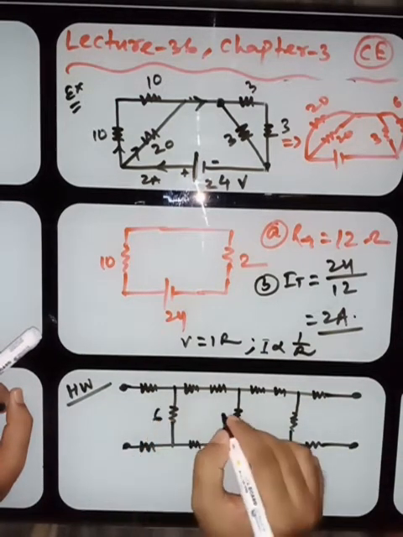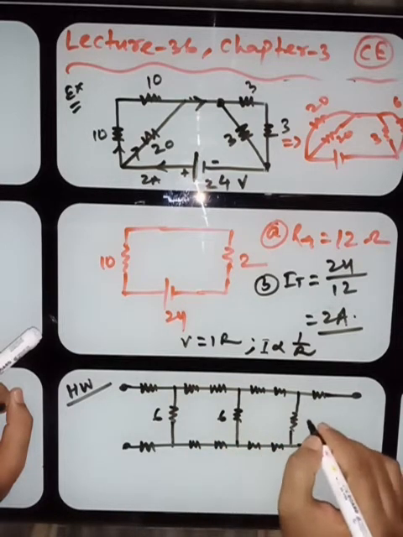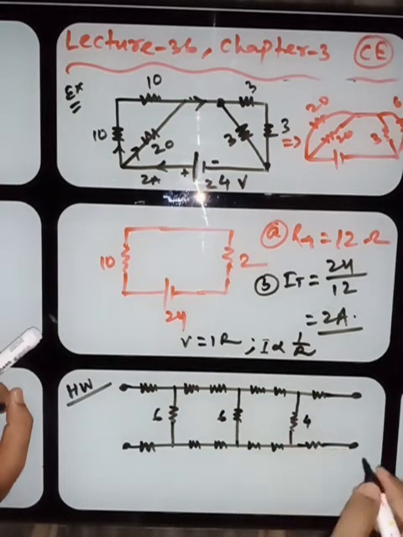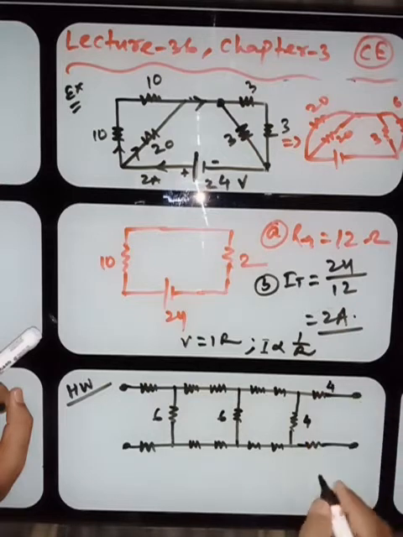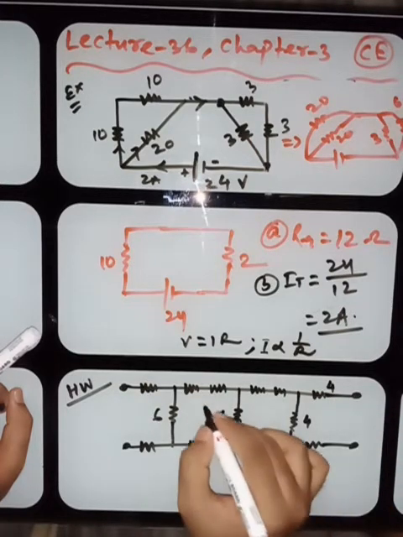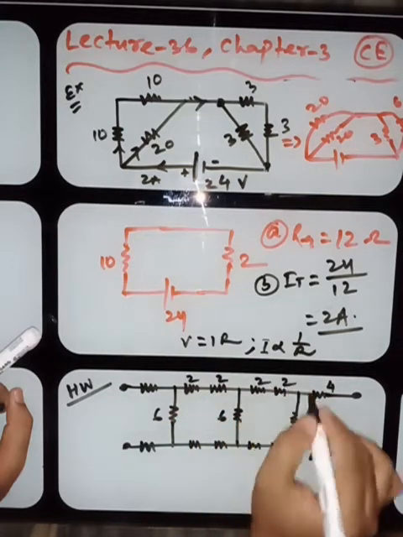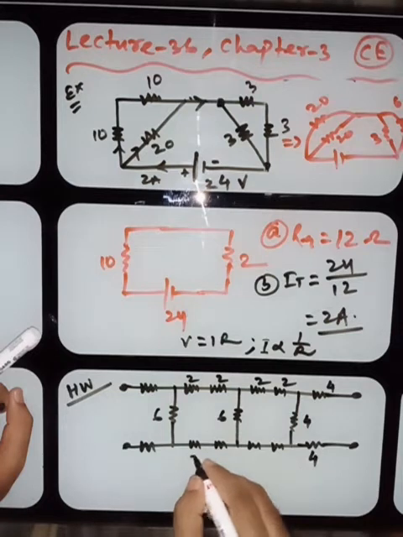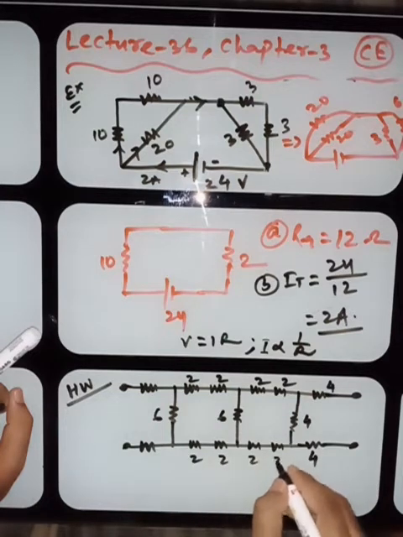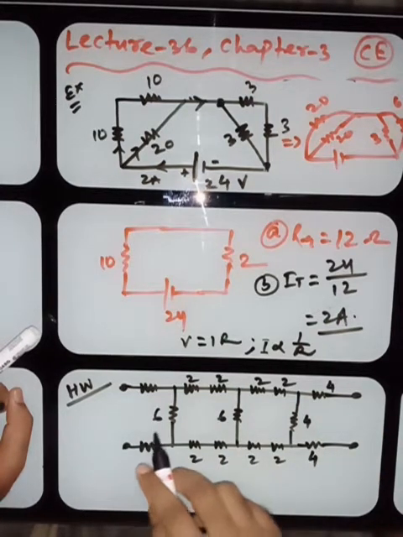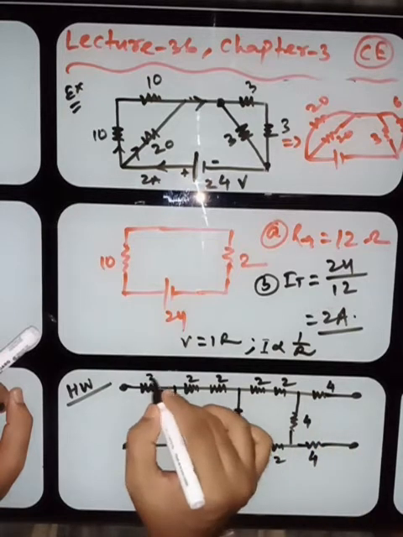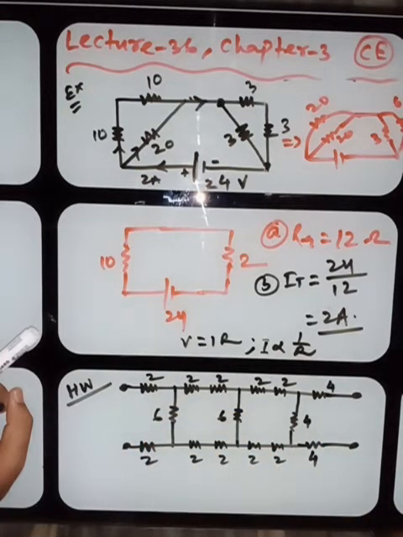These are all equal to 6, but this one is 4. Okay, this is also 4, this is also 4, and these are 2, 2, 2, 2, here the 2, 2 and 2. I think all the rest we have taken. Okay, the 2 and this one is also 2.